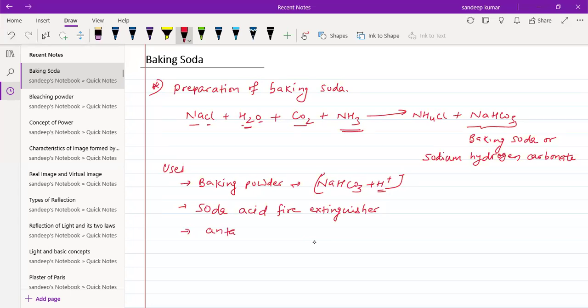Antacids are medicines which are used to reduce acidity, children. Okay, so remember this much.